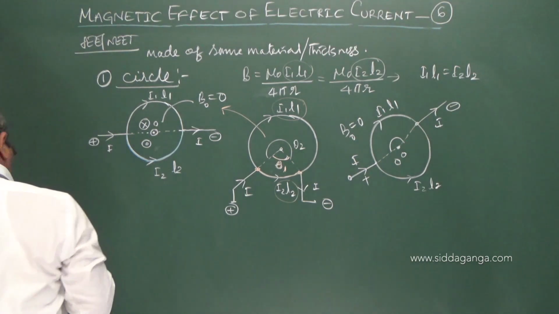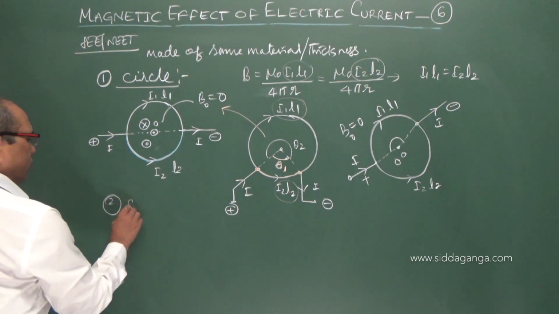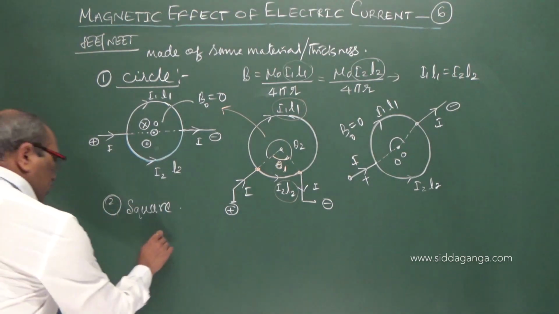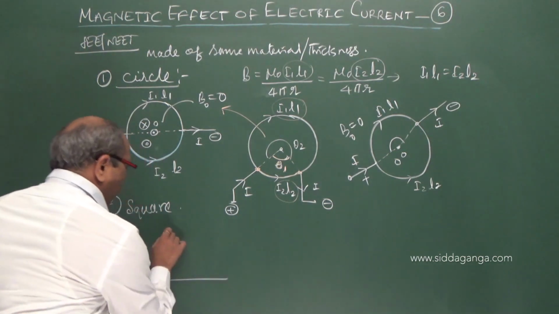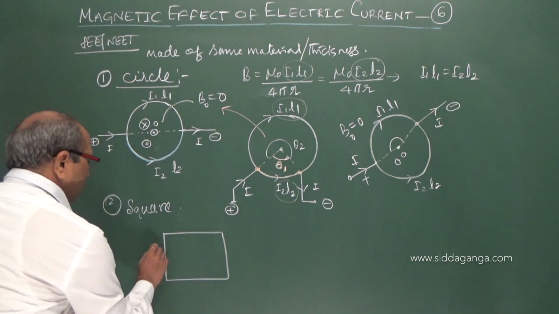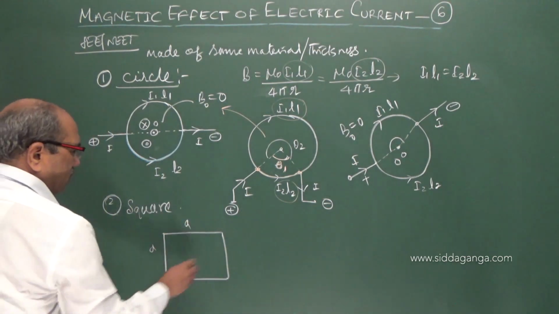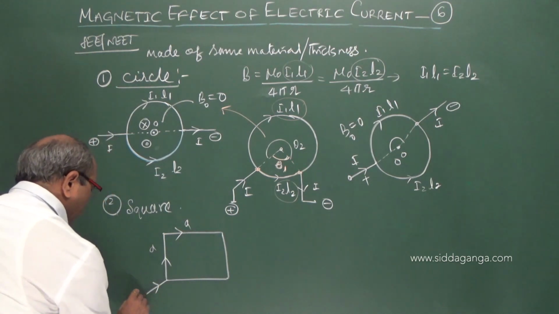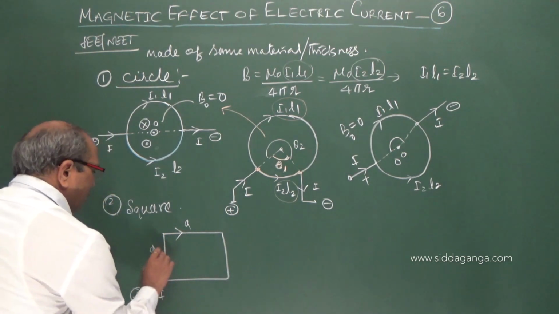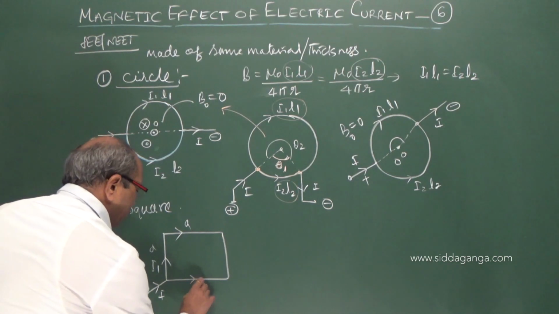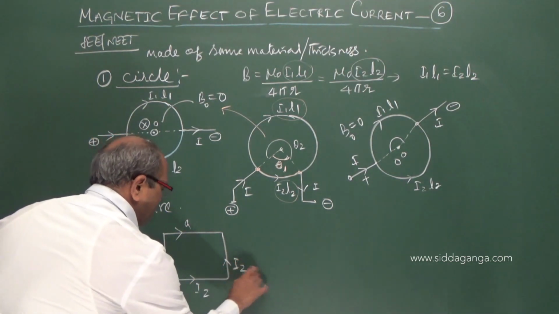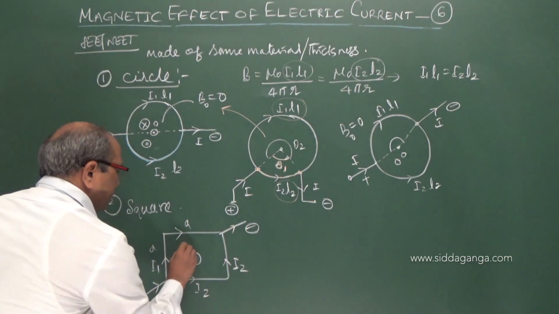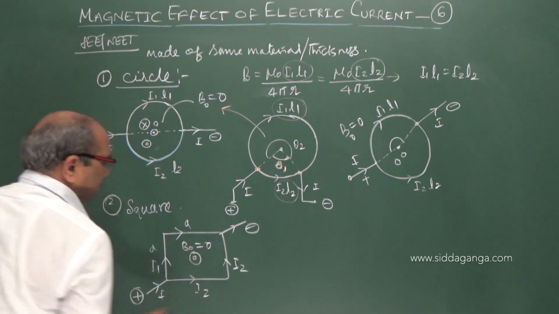Similarly, you can go for a square, the second case. In case of a square, both sides are the same, but the current is flowing in this, as we give from here, I splits into I1, I2, go like this, and is taken out, again the field at the center becomes 0.